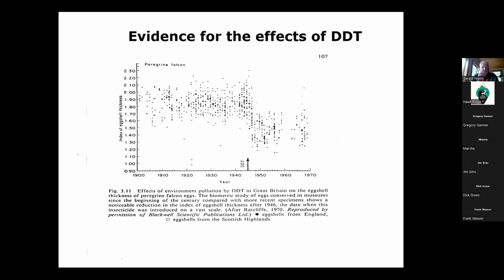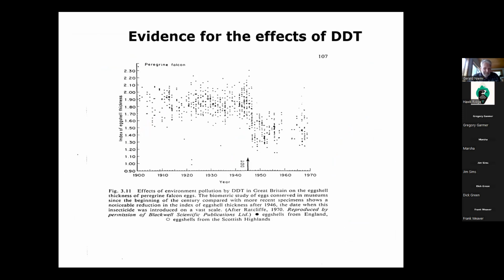But one of the things, sometimes people haven't seen this particular diagram, but it's a figure that was measured in Britain about eggshell thinning in the peregrine falcon. And these data came from a study of museum specimens that were gathered.